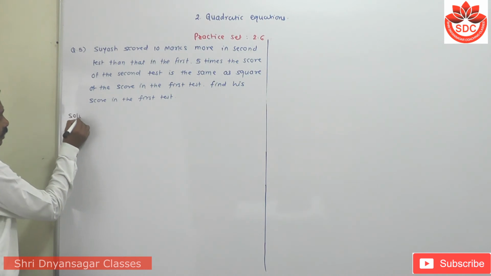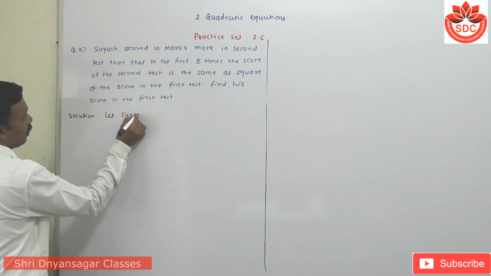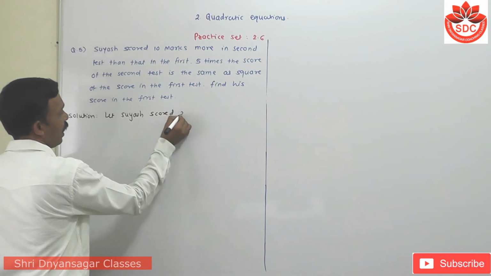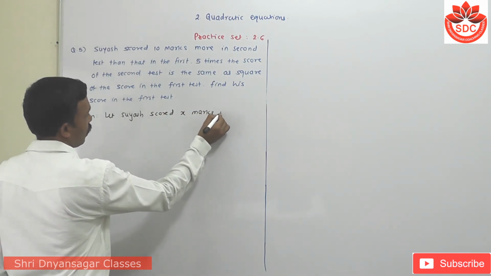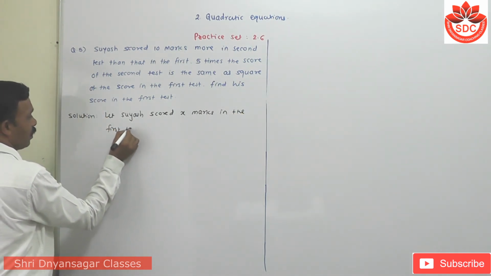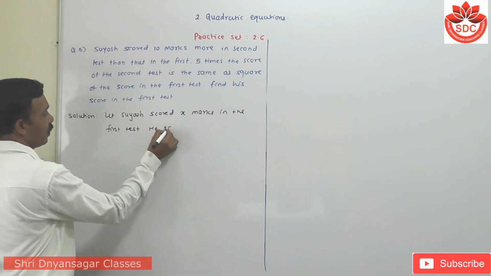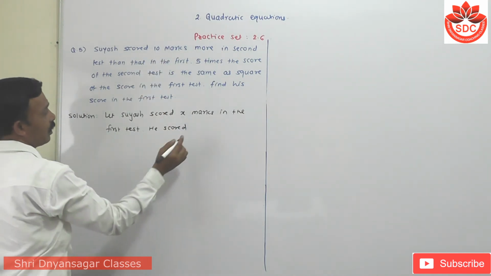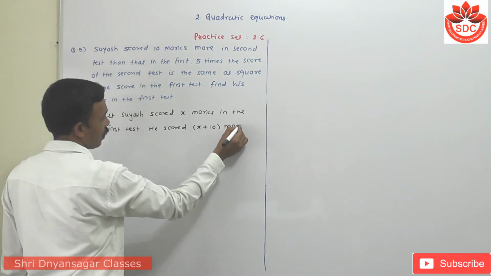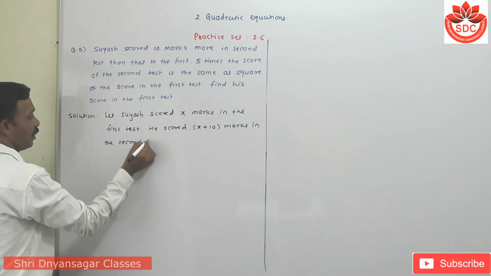Now its solution is: let Suyash score x marks in the first test. Then he scored 10 marks more, means he scored x plus 10 marks in the second test.